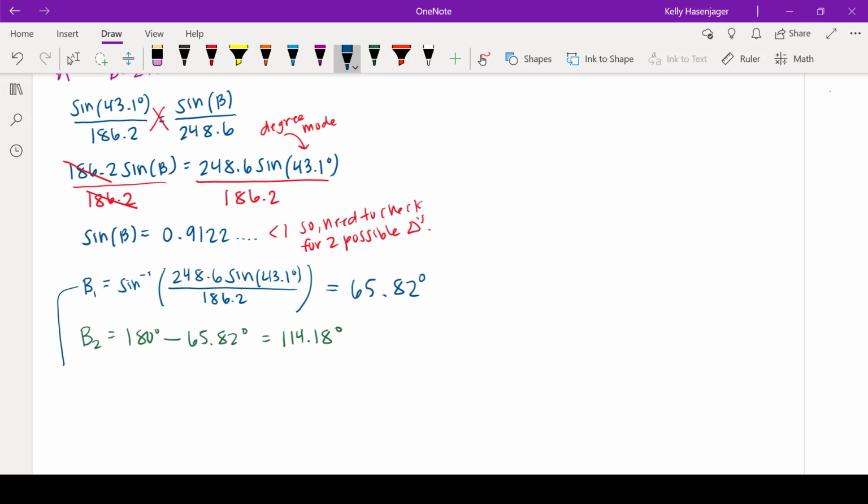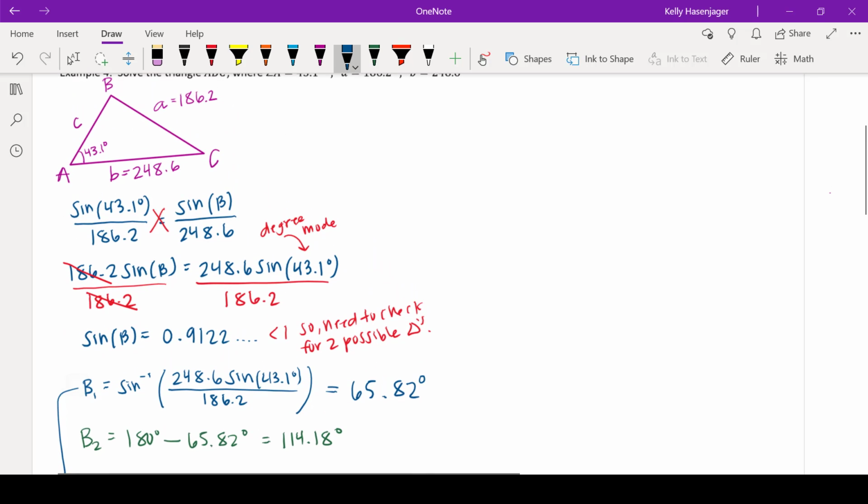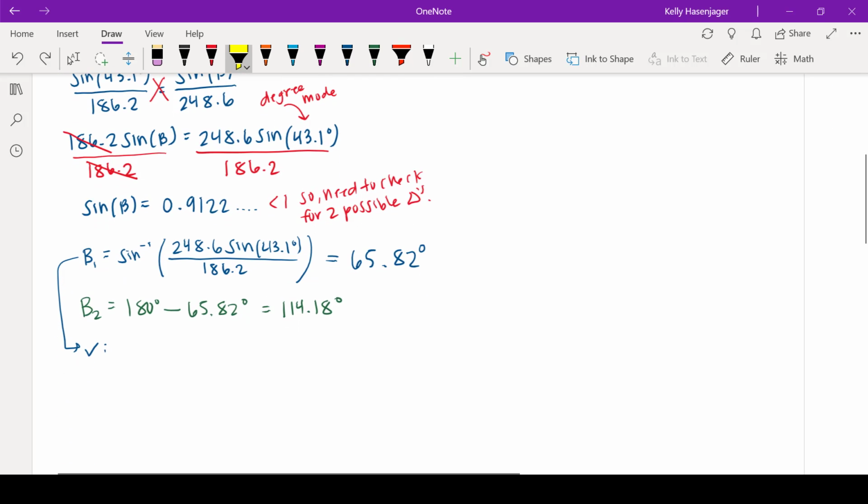Now that we have these 2 possible angles, let's make sure they would work for an actual triangle. So remember, our first given angle was 43.1 degrees. So we'll add 43.1 degrees plus our possible B angle, 65.82. And we want to make sure that this does not add up to more than 180 degrees, because this is just 2 angles of a triangle. So as long as it's less than 180 degrees, it's good to go.